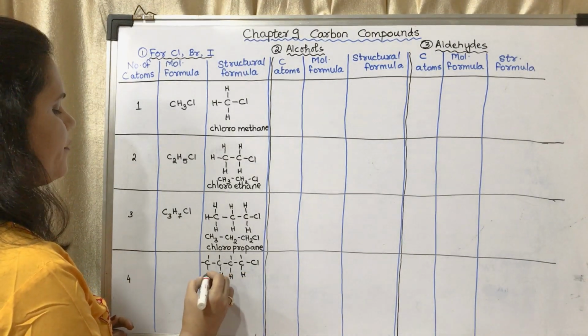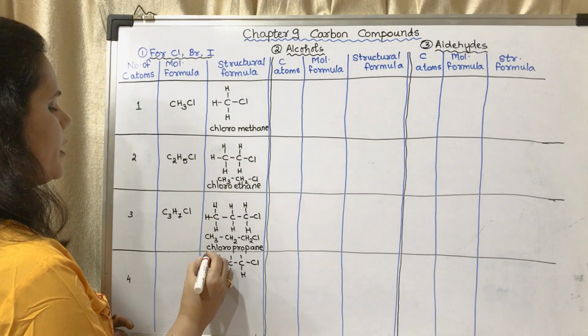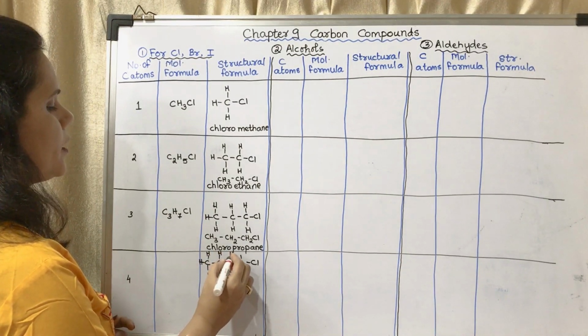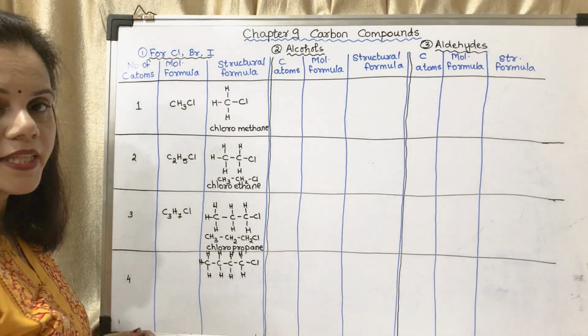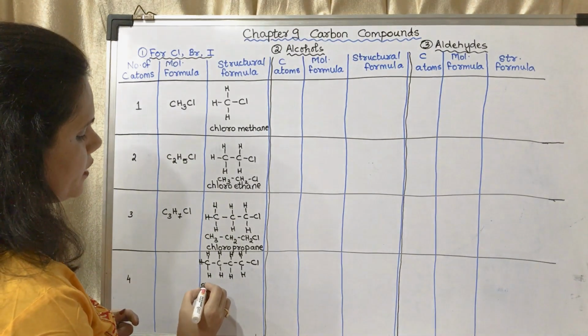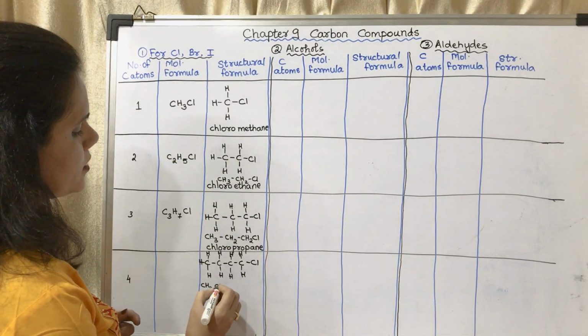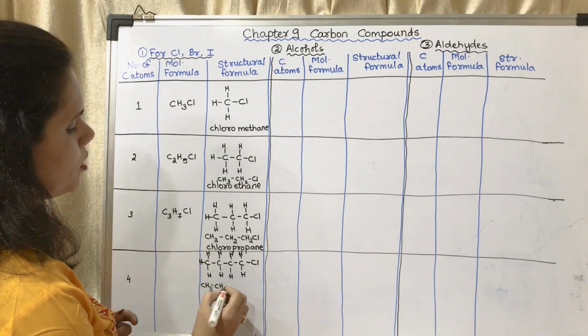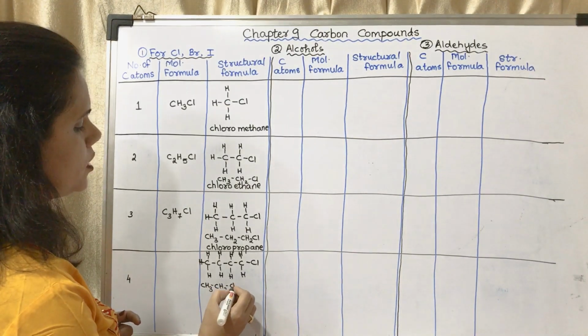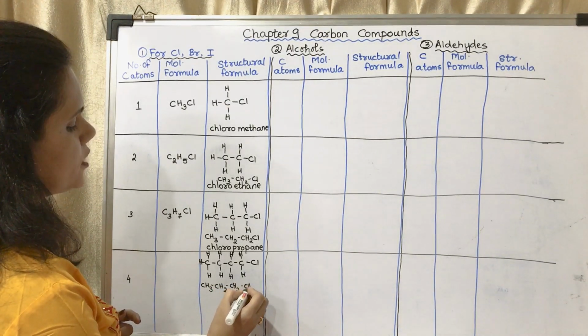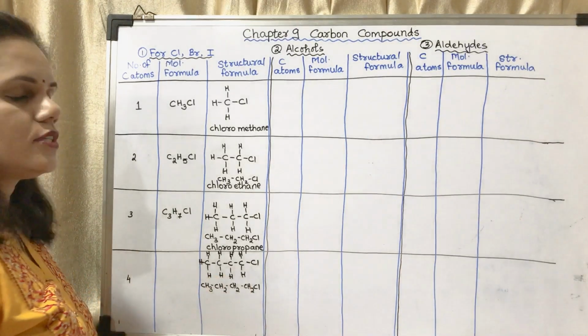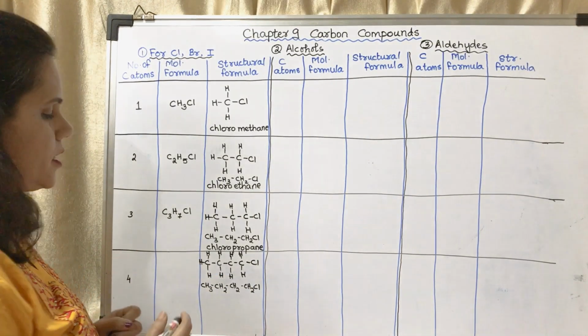You shouldn't get confused. There is H on every side. Now here you may see what will be the condensed structural formula. It will be CH3CH2CH2CH2Cl, with single bonds between the carbons.